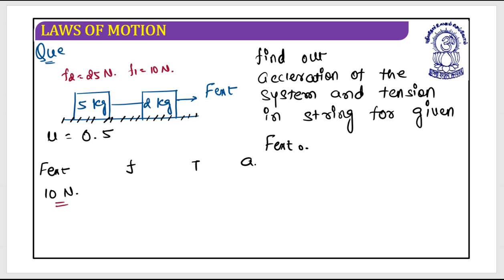It's 25 Newton. So let's suppose I'm going to pull this by 10 Newton force. Please understand this very carefully. If I am applying 10 Newton of force over here, this will be fed to this block, and this block has a maximum friction of 10 Newton.